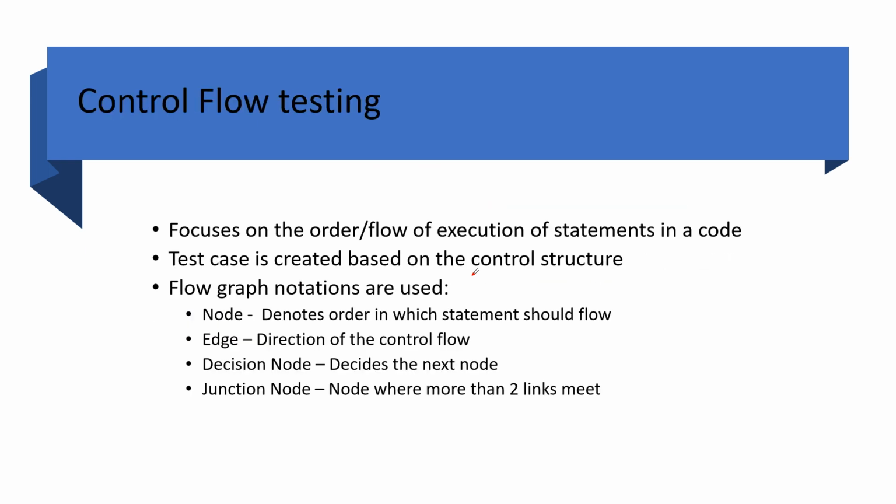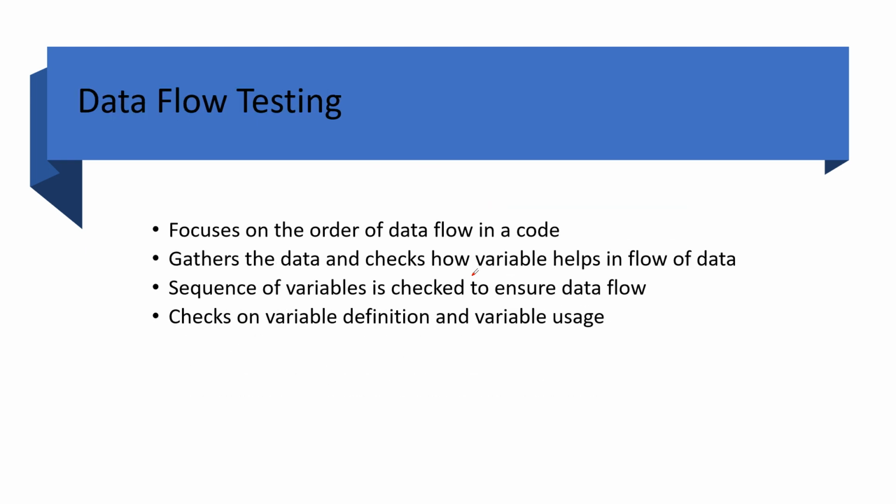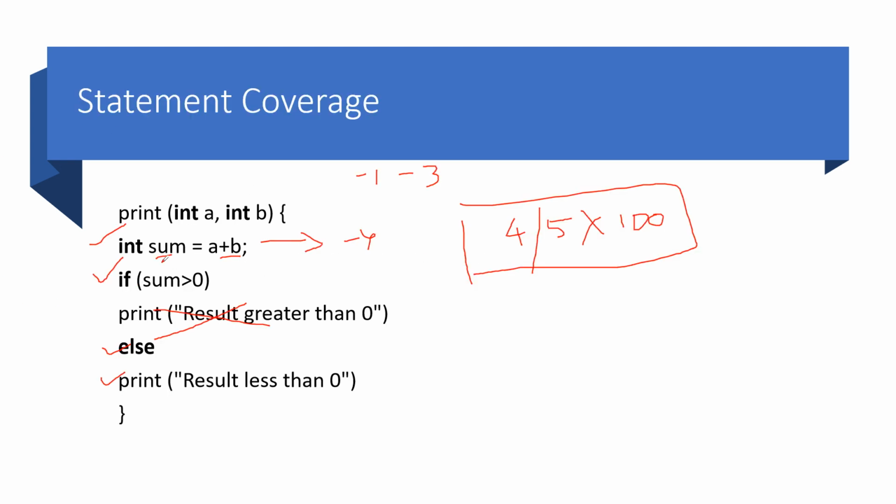Okay. Now going to the next one, data flow testing. Here you see, in sum I have saved A plus B, then I'm checking if it is greater, and then I am printing sum. This is how the data is flowing, from this variable to this variable, and from this variable to this variable.